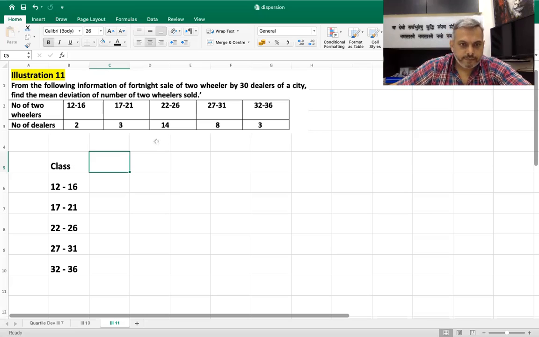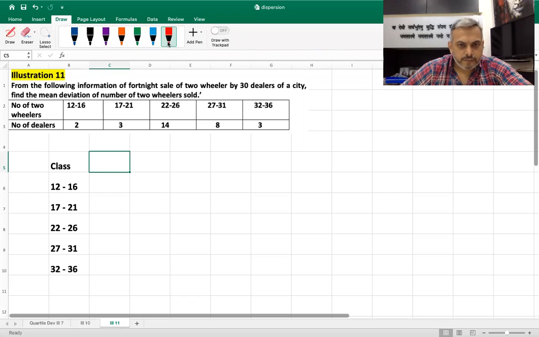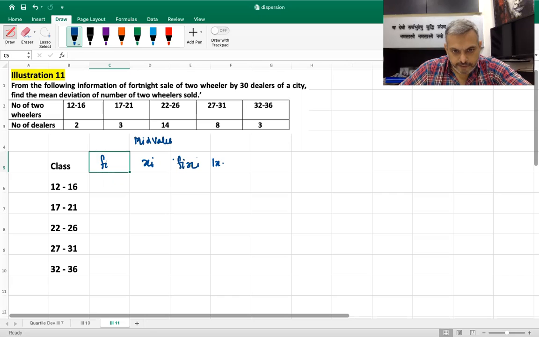Then frequency, then mid value xi, then fi into xi, then modulus xi minus x bar, and then frequency into modulus xi minus x bar. So these will be the columns we will be making.